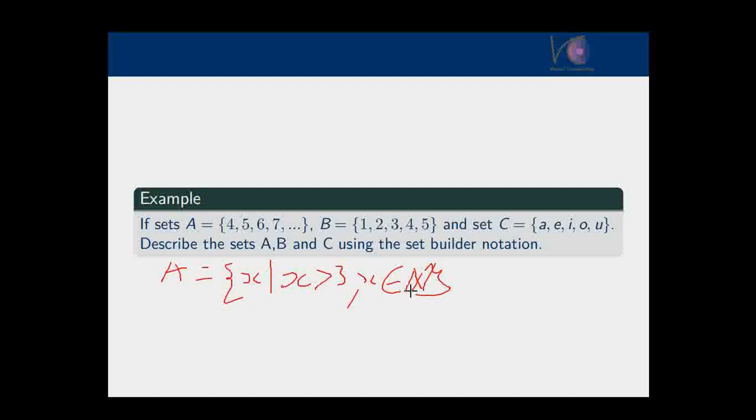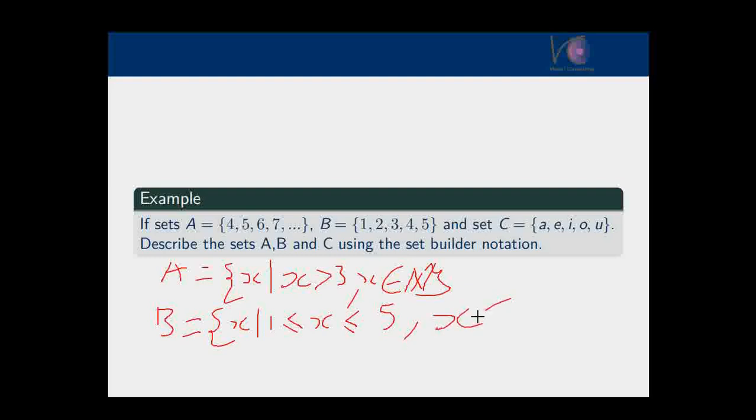Well, as you are thinking, let me also put our B here. I'll say X like that. Then I'll say 1 less than or equal to X less than or equal to 5. Okay. What else can I say?